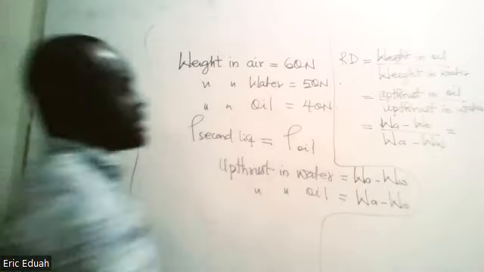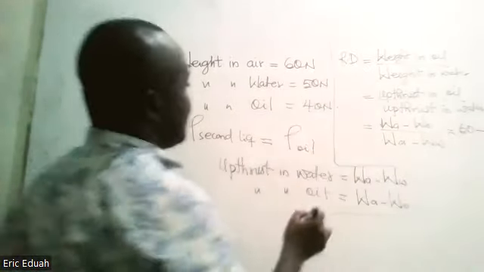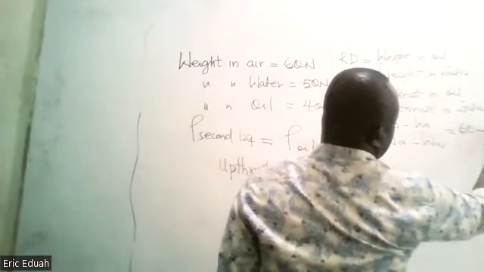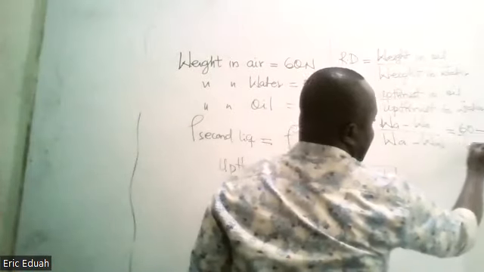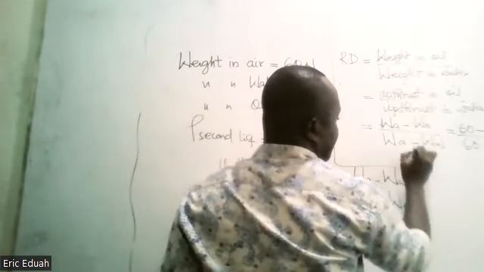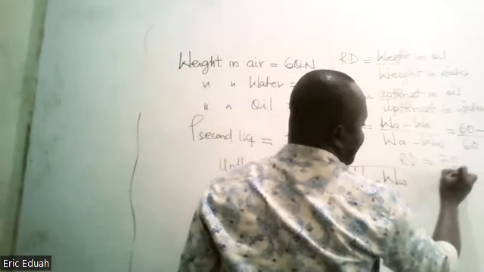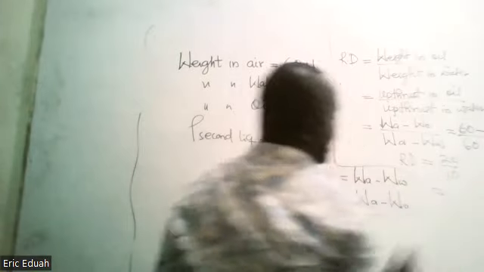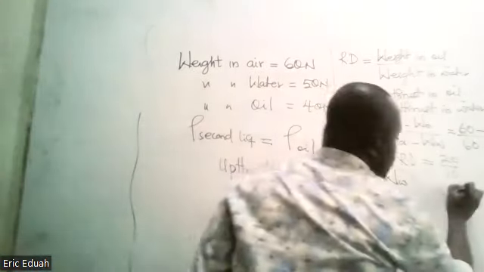Okay, so 60 minus 40, all divided by 60 minus 50. This is 20 divided by 10, meaning that the relative density of the oil will be equal to 2.